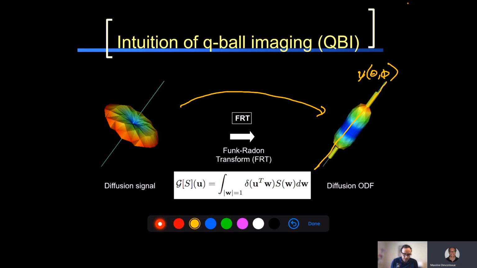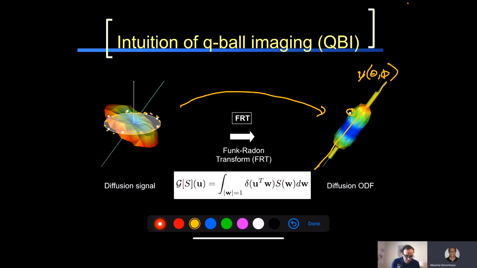So what's happening? You choose a direction, you find the orthogonal plane, and you compute the integral or the sum. So this is what this equation tells us. And that gives us a point on the ODF, this point.